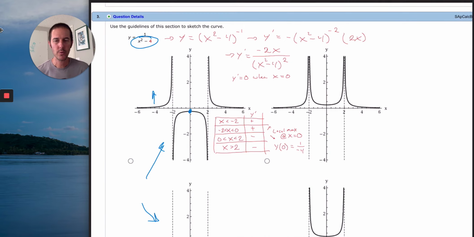You can go through and use the quotient rule in order to find your second derivative and then test some x values that are from these same intervals. Would we need to test all of those intervals? Not necessarily.